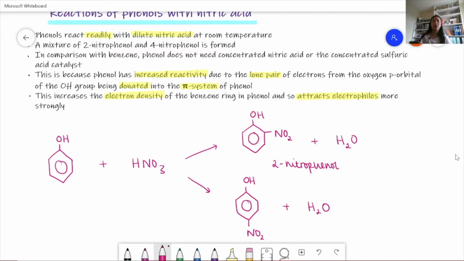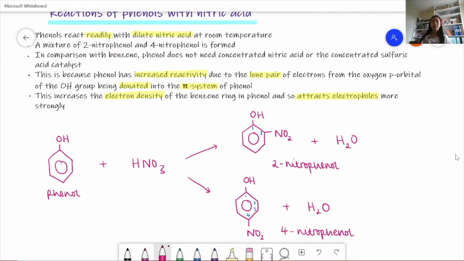When we name this, we assume that the OH is on the 1st carbon, because it's a phenol. And then the nitro group is on the 2nd carbon if this is the 1st carbon. And so that's why we name it 2-nitrophenol, so it's relative to the OH. And then this is 4-nitrophenol. So again, the OH group gets number 1, and then we go 1, 2, 3, and we also started off with this phenol.